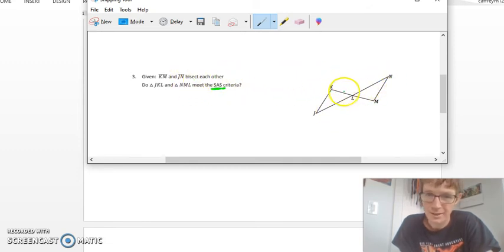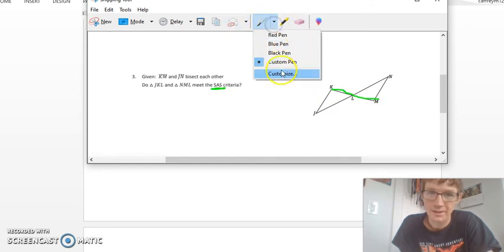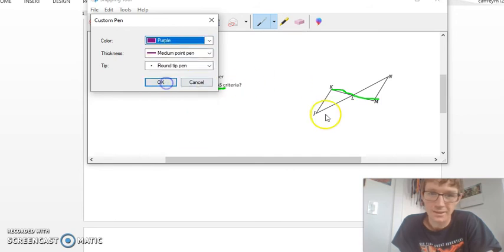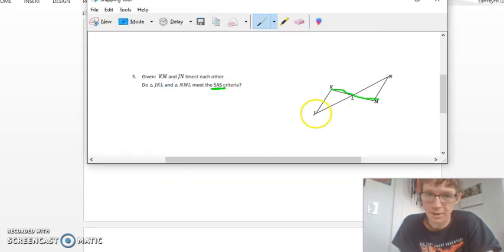So if this line and this line bisect each other, basically what that means is that this line, the line in green, will bisect the line in purple.